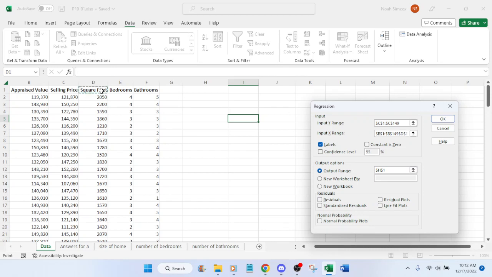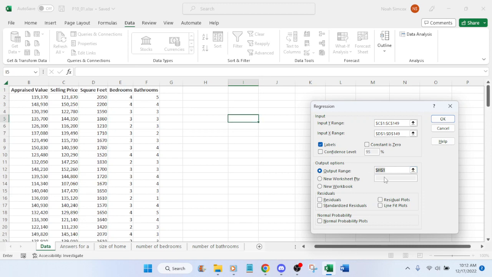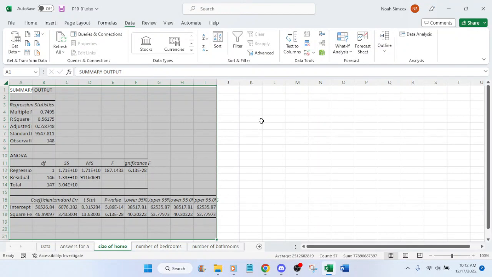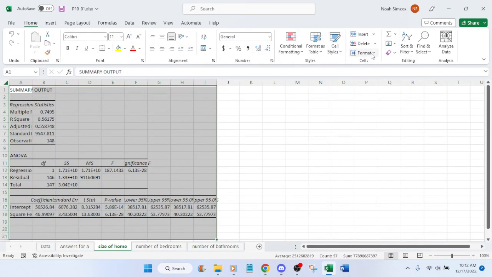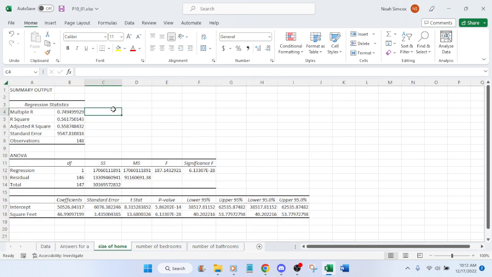Square feet. And that's it. We're going to put it in this one. I think for the rest of these, we just need to look at multiple R, right?